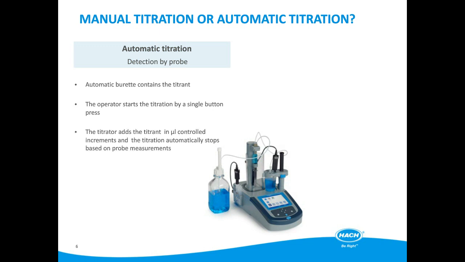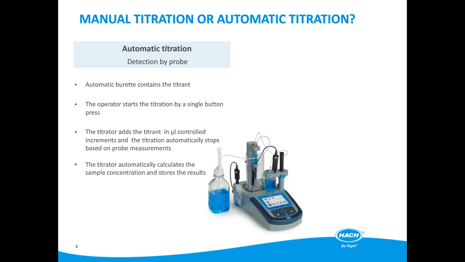The titrator will add very precisely, with a very strong accuracy, the titrant into the sample, and the titrator will automatically stop based on probe measurement. And at the end, the titrator will automatically calculate the sample concentration and will store the result.